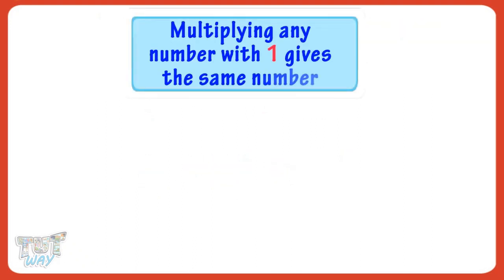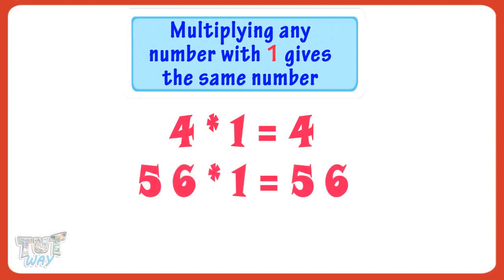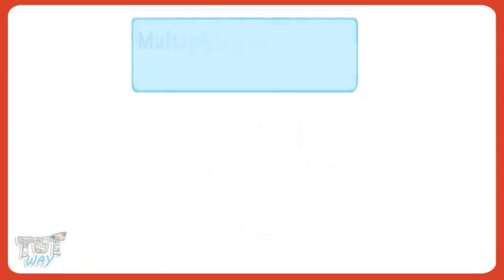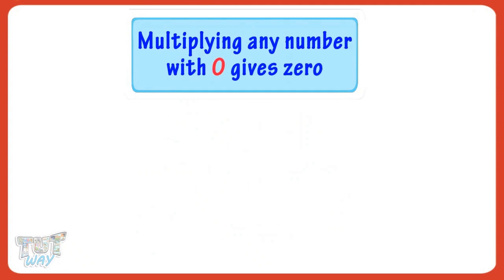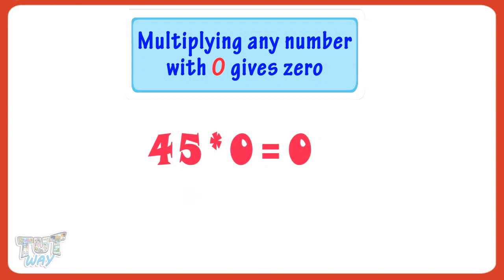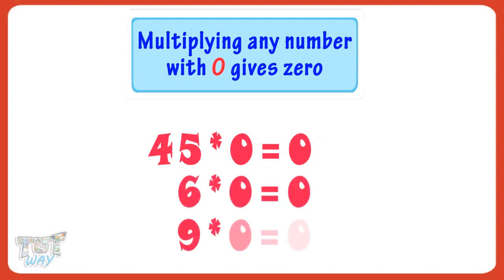Multiplying any number with 1 gives the same number. 4 multiplied by 1 equals 4. 56 multiplied by 1 equals 56. And multiplying any number with 0 gives 0. 45 multiplied by 0 equals 0. 9 multiplied by 0 equals 0.